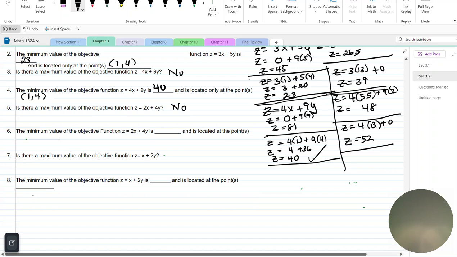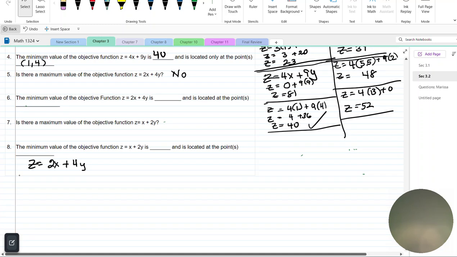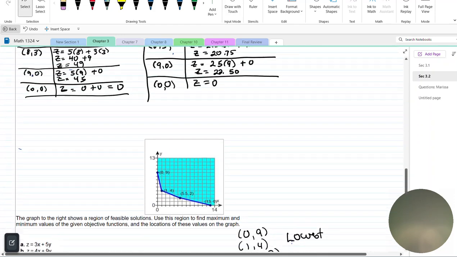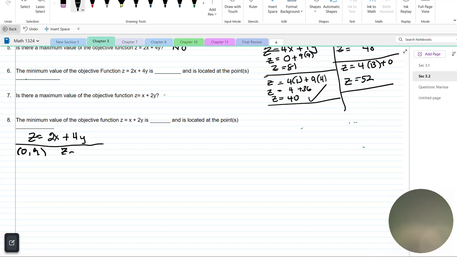So we're looking at the minimum for, in this case, z equals 2x plus 4y. All right. So we're going to do a point, let's see, what was our first point? (0, 9). So now we have z equals 2 times 0 and 4 times 9.